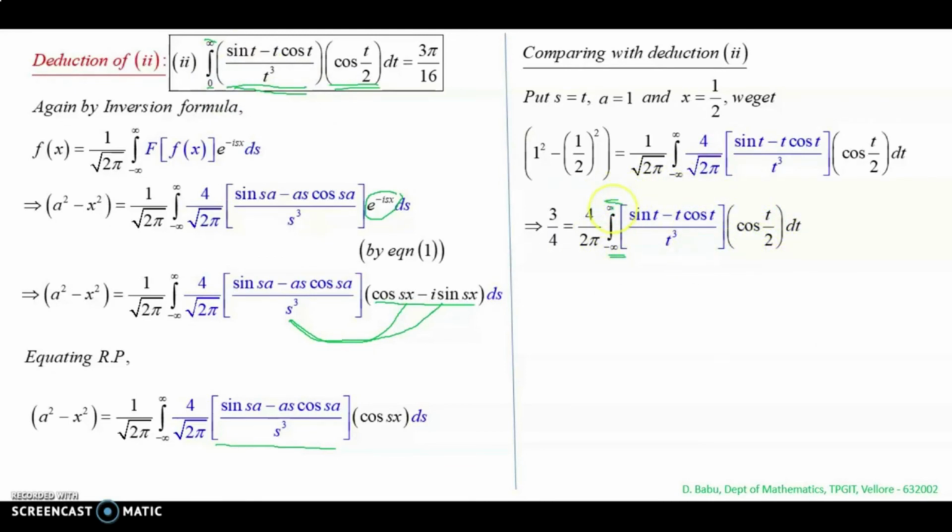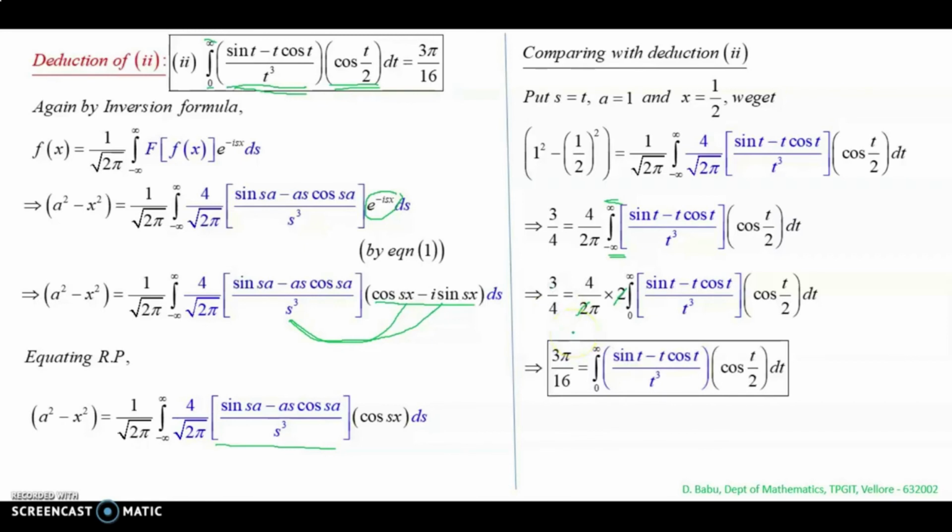Therefore, minus infinity to plus infinity can be written as 2 times 0 to infinity. This implies 3 by 4 equal to 4 by 2 pi, 2 times the integral from 0 to infinity of (sin t minus t cos t) divided by t cube, into cos t by 2, into dt. Here the 2 gets cancelled. So on cross multiplication, 4 into 4 is 16, 3 into pi, so that is 3 pi by 16. So this proves 2.